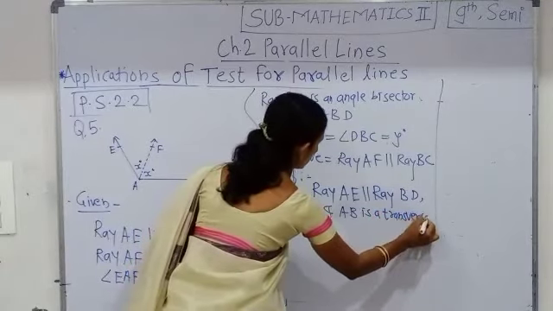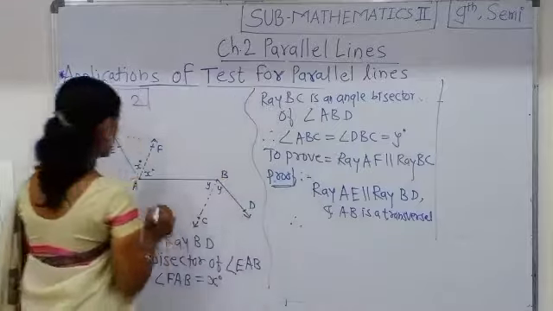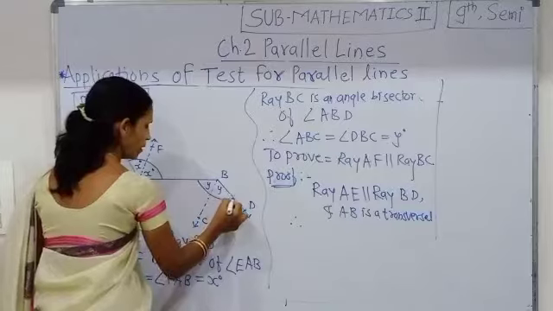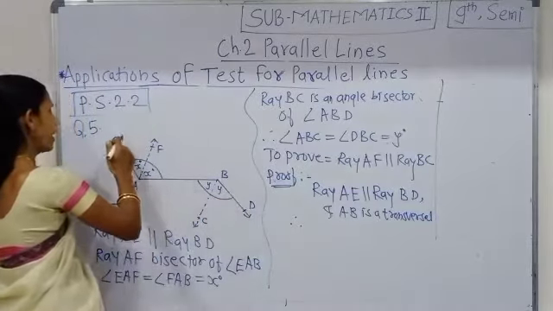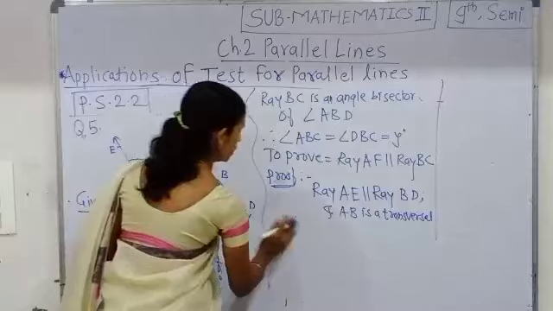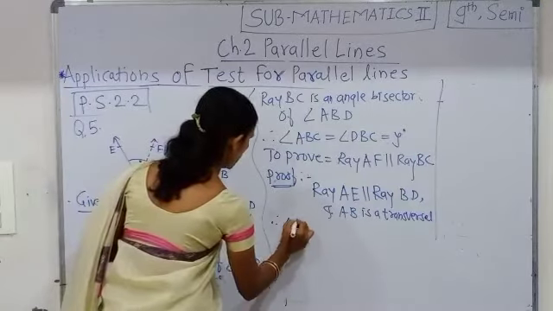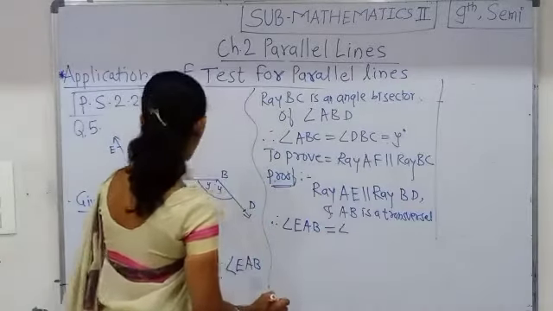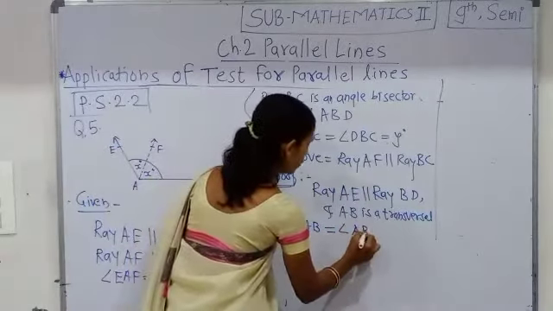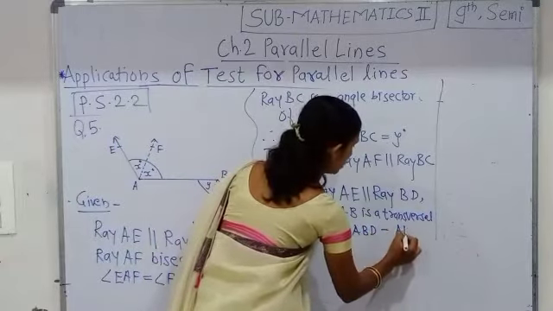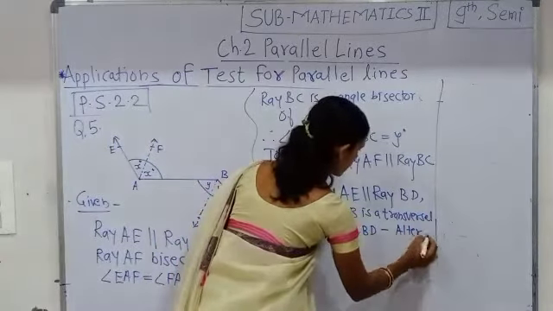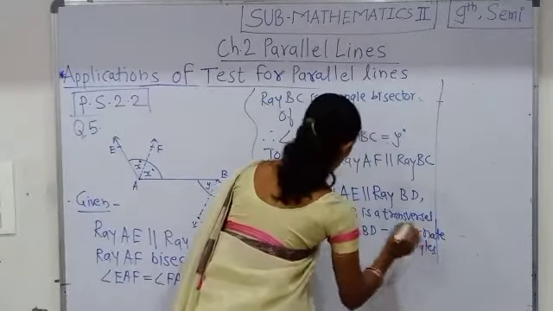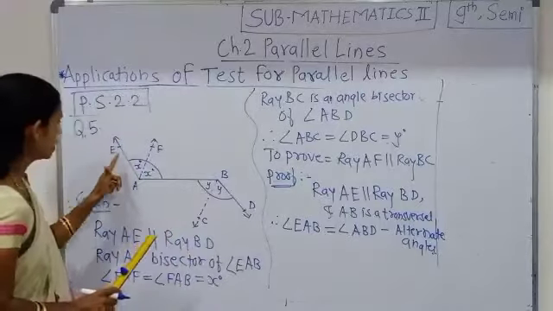Therefore here see angle ABD and angle EAB, therefore angle EAB is congruent to angle ABD, because those are alternate angles.